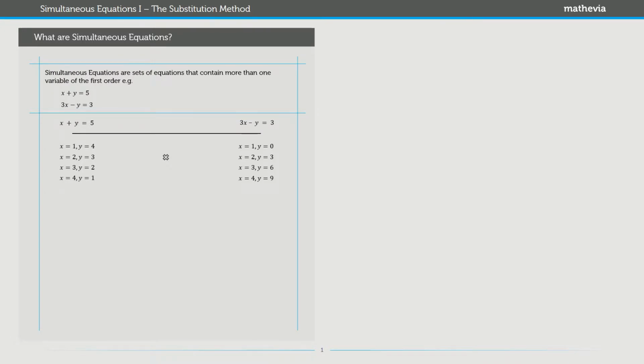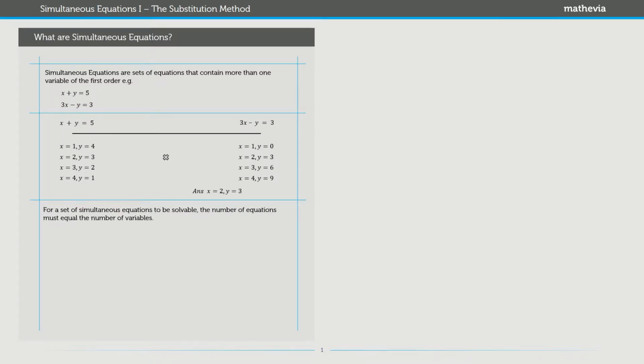When x is 2 and y is 3, it satisfies the first equation as well as the second equation. So our answer, if we solve this set of simultaneous equations, is x is 2 and y is 3.